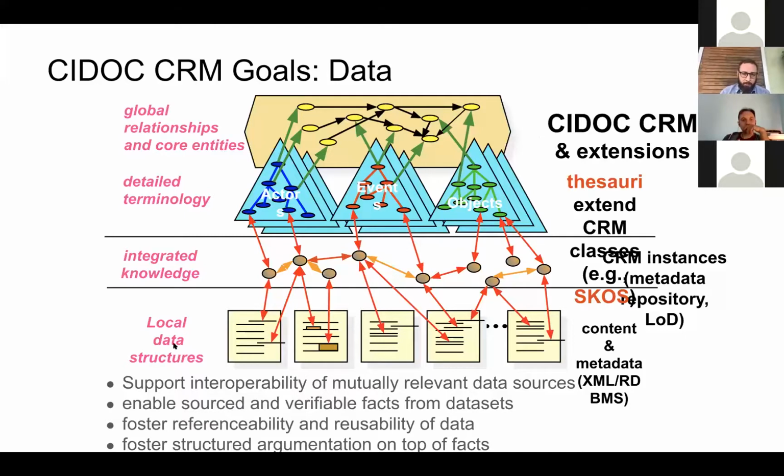So basically, the idea of implementing CIDOC CRM would be that you have different data structures, which is the bottom row here, local data structures, which for very logical organizational reasons probably have to stay those data structures. Systems of record that are useful for Department X or Department Y because we paid for it or we built it or whatever.